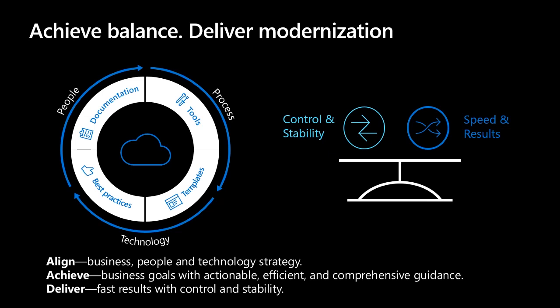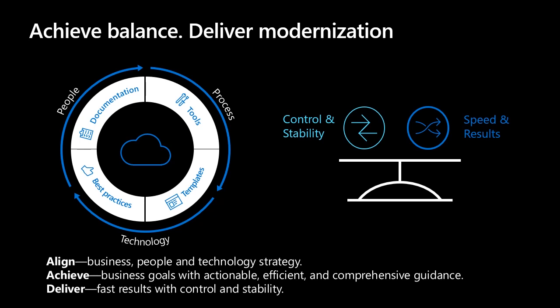But the Cloud Adoption Framework also gives us a semblance of a balance between control and stability, but at the same time delivering speed and results. So that's why, underneath it all, the Cloud Adoption Framework allows us to align business, people, and technology strategy.